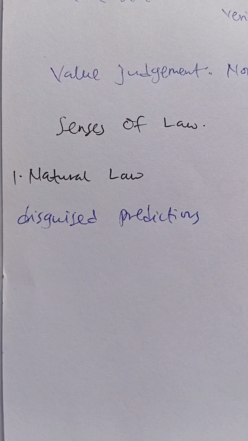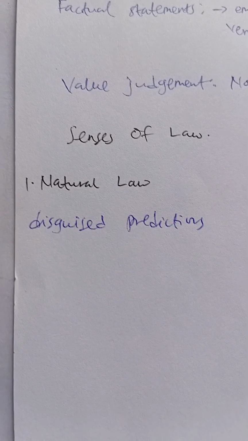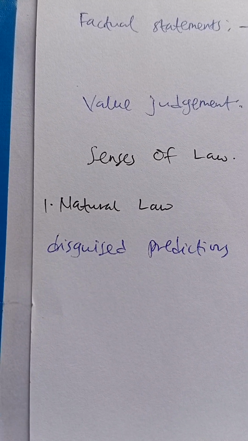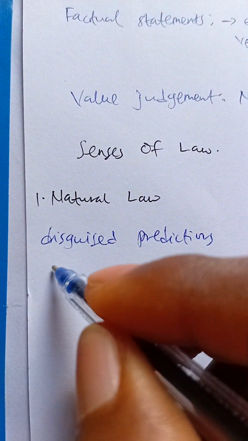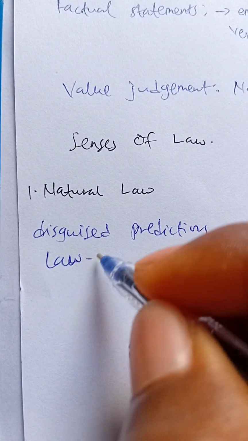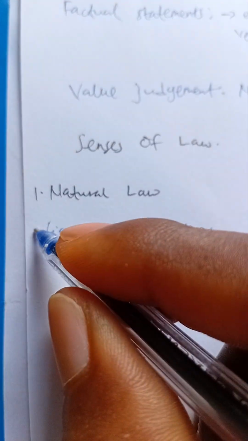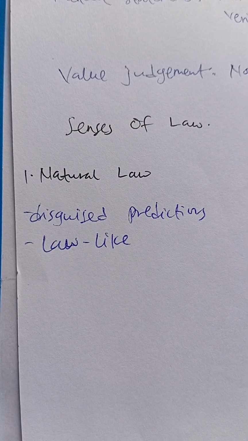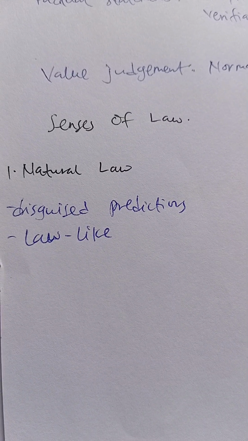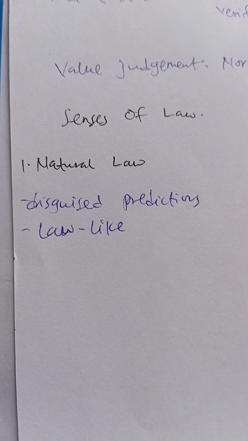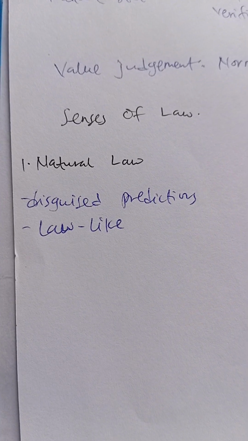Why am I saying they are disguised predictions? They have no exceptions, and they can turn out to be false. Because of that, we say they are law-like. For example, all metals expand when heated. It's a natural law.